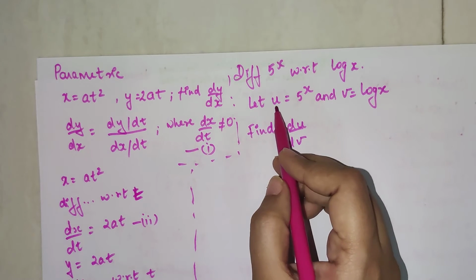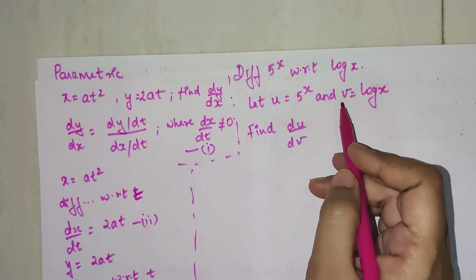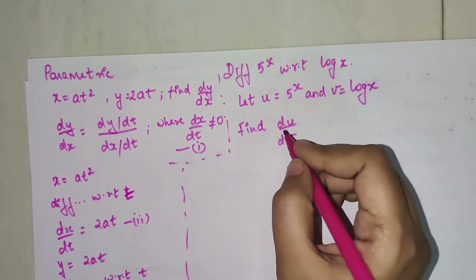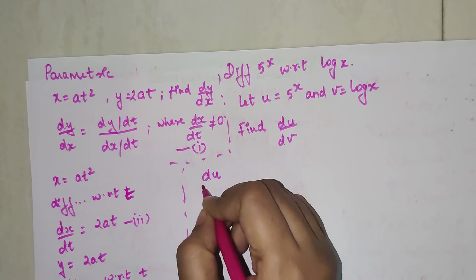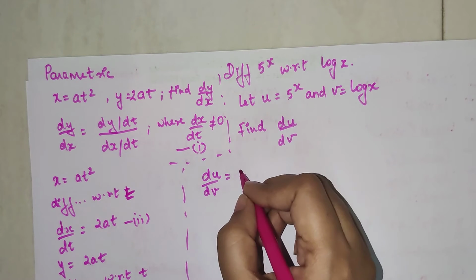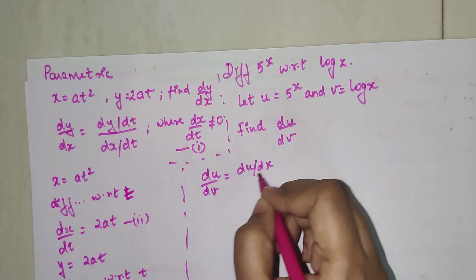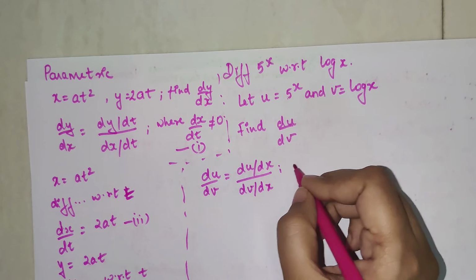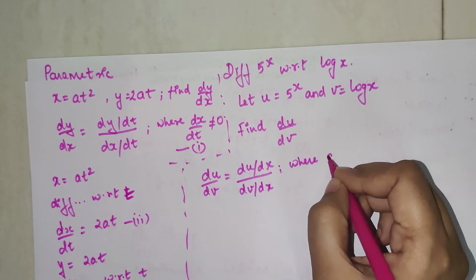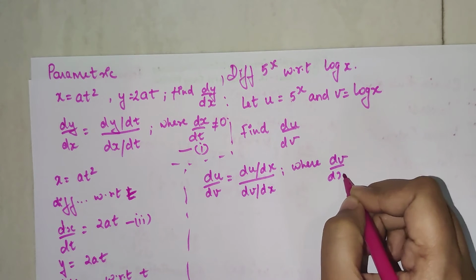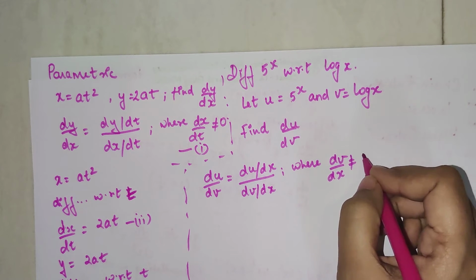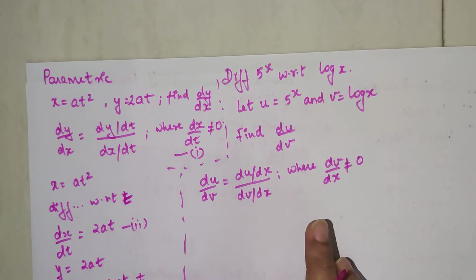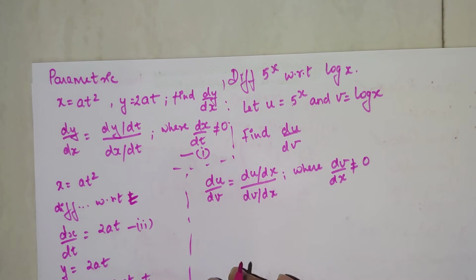Okay, now here can I say that u is a function of x and v is also a function of x. So we can say that du by dv is equal to du by dx upon dv by dx. Here we have to write where dv by dx is not equal to 0. Okay, why are we writing this, students? Because anything upon 0 in mathematics is not considered.